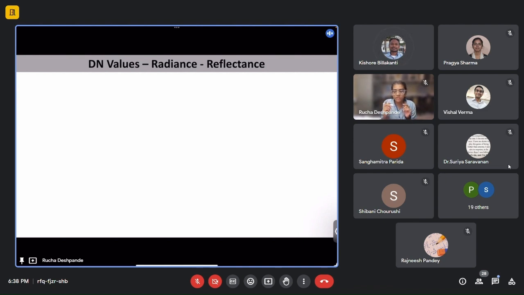Also, there are other factors. We'll see it when we are looking at the surface reflectance. There is irradiance due to scattering. When the solar radiation hits the layers of the atmosphere, because of the particles in the atmosphere, the radiation gets scattered and again gets incident towards the surface, which is in addition to what is being incident.